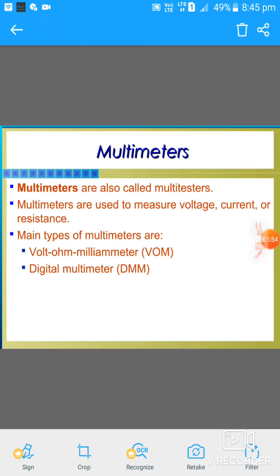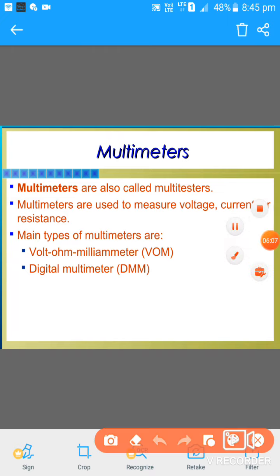Then we are discussing the multimeters. Multimeters are used to measure voltage, current or resistance.